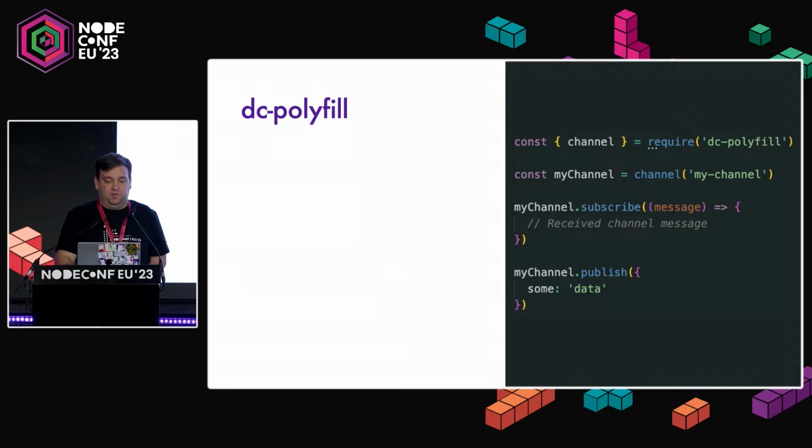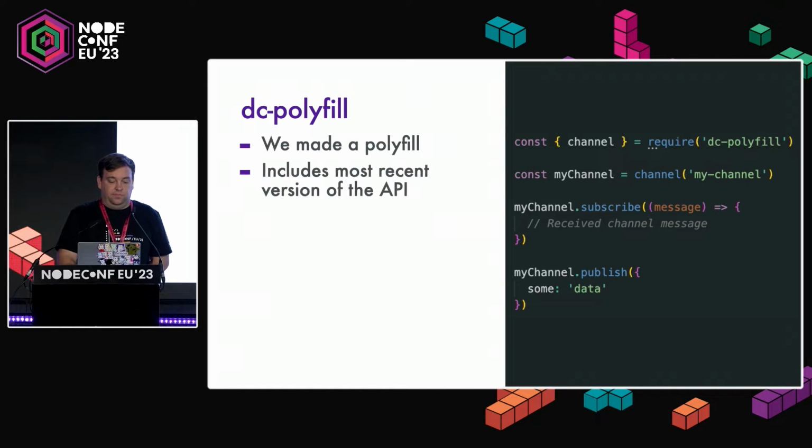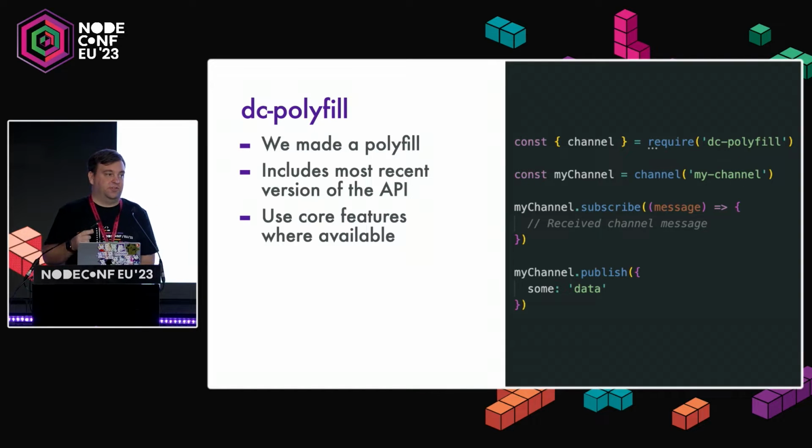And we recently released this polyfill, DC polyfill. It includes the most recent version of the API. So this matches what's in Node 21 now. It's designed to use the core features where available, and then layer the new stuff on top of that.